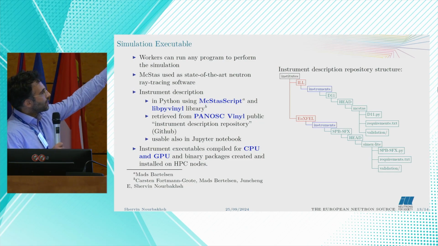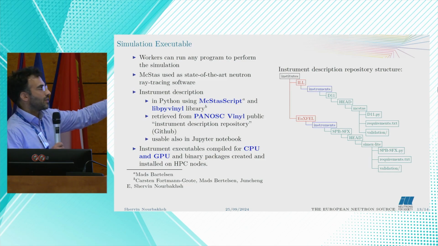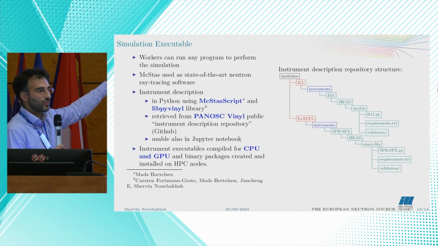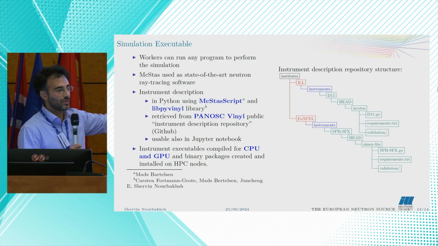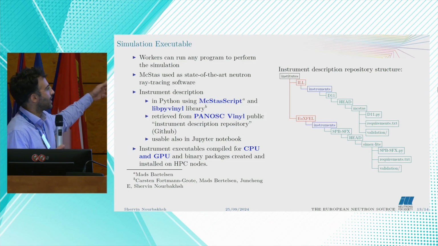And there you can have as many instruments as you want from your institute. You are not obliged to have descriptions that can go with this digital twin, because they are described using the libpyvinyl library, so you can even use them outside of the digital twin with a Jupyter notebook to test them, to modify them, and so forth.